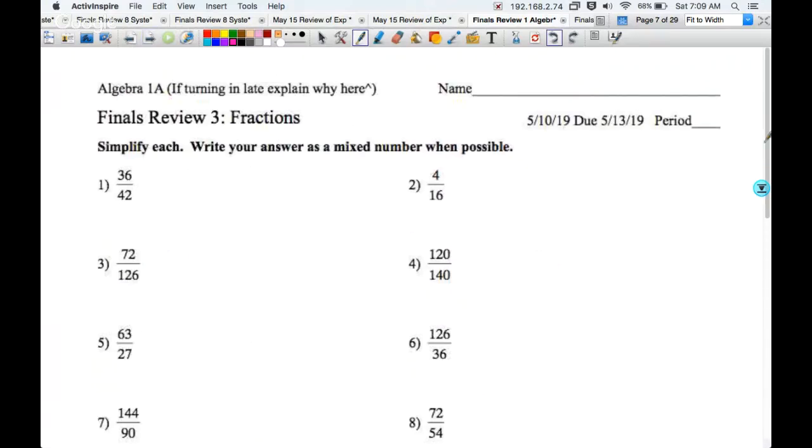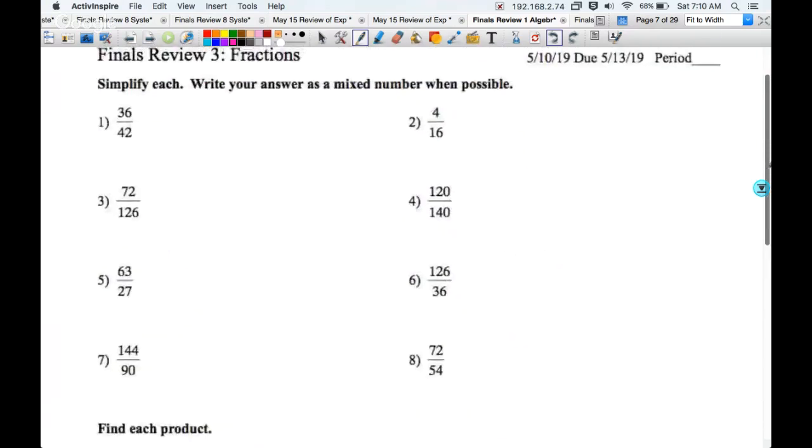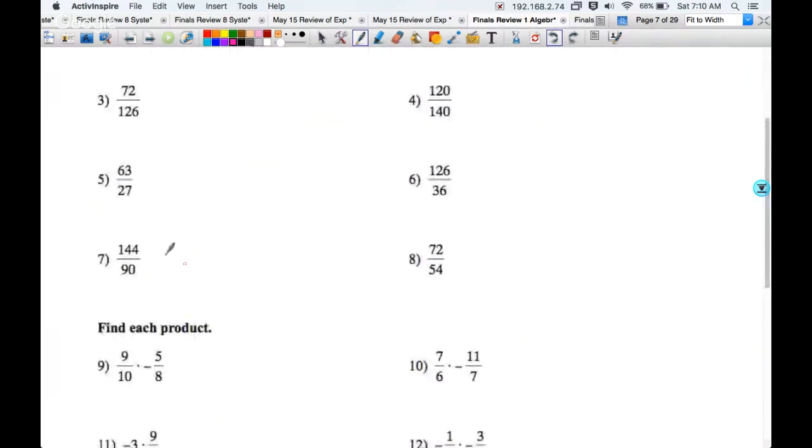Fractions. Simplify each fraction. Let's pick a big one, like 7. When I'm simplifying, if they're both even, then just get rid of that 2 by dividing the top and bottom by 2. 72 over 45. Now they're not both even, because 45 is not even, but maybe they're both divisible by 3. Divide the top and the bottom by 3, and we get 72 divided by 3 is 24 over 15.